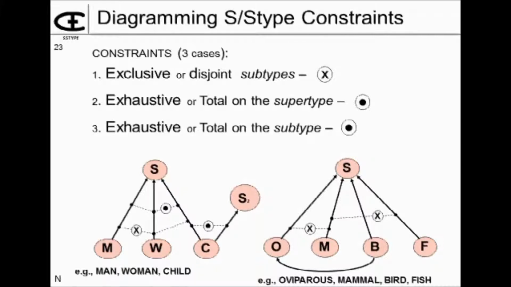So you see how we've shown that? You can have these kinds of interrelationships if you want to. So you can't be both a mammal and a fish, so we've got the exclusion on that. Just an example of how you can mix these things up. Notice that it would be very difficult to express these constraints if you're using the nested notation for subtype supertypes, which is why we don't typically do that anymore. Some tools do.